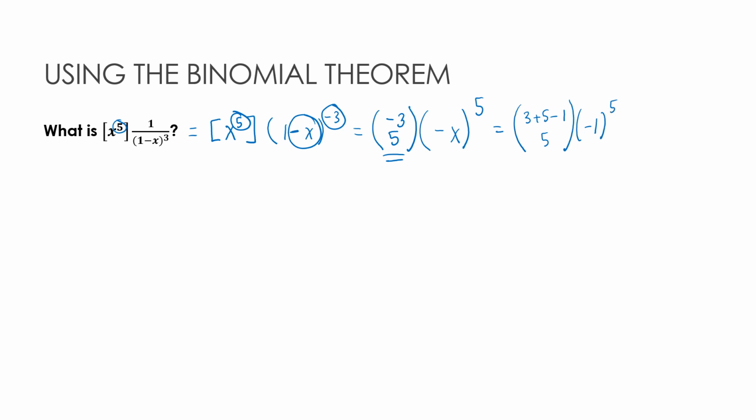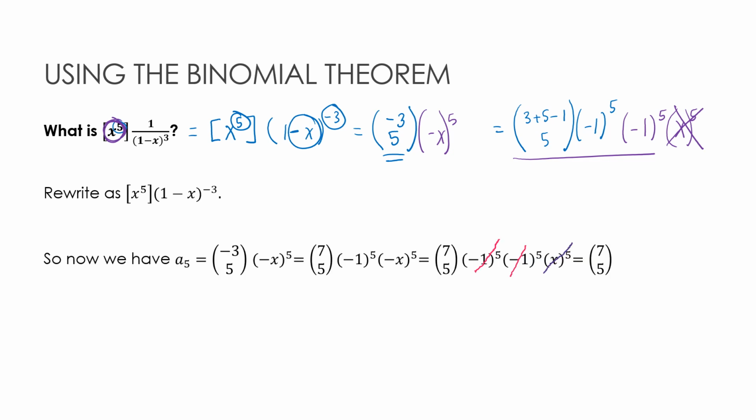What I know about negative x to the fifth is that I really can write it as negative 1 to the fifth, x to the fifth. Now, why does that matter? Because x to the fifth, do I care about it? No. It's not going to change my coefficient. It's just telling me that x to the fifth is going to be the variable value, and I'm only looking for the coefficient, which is all of this.